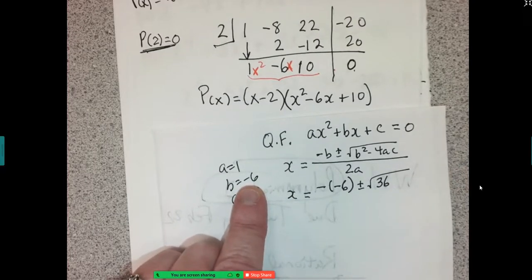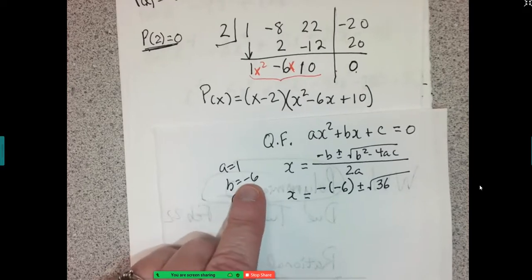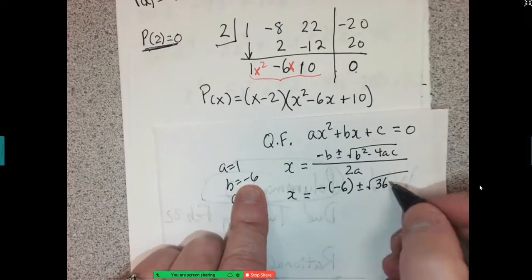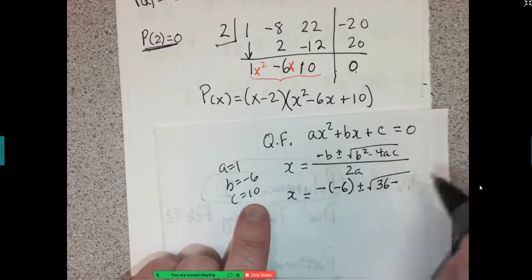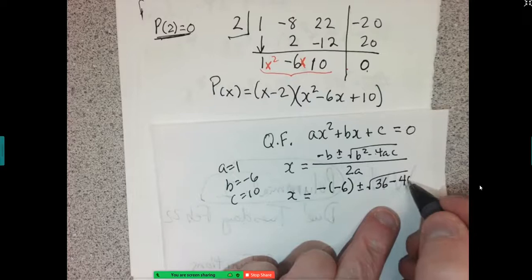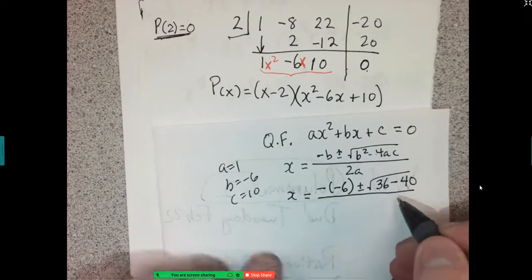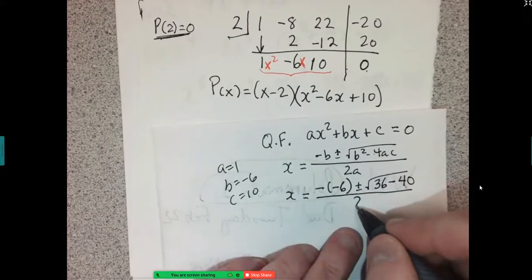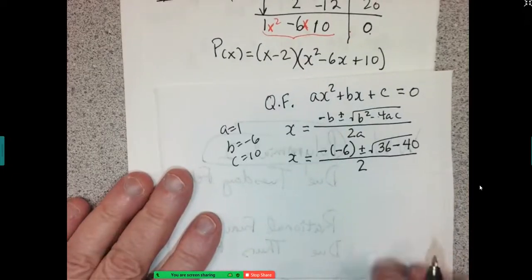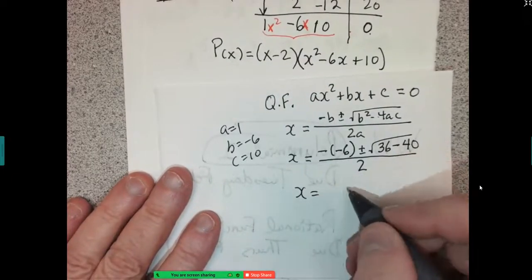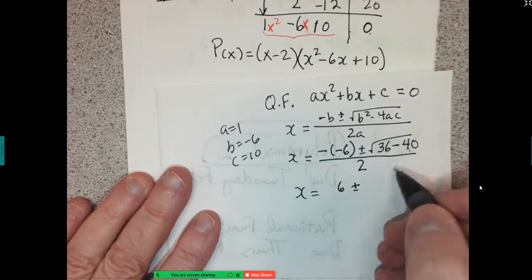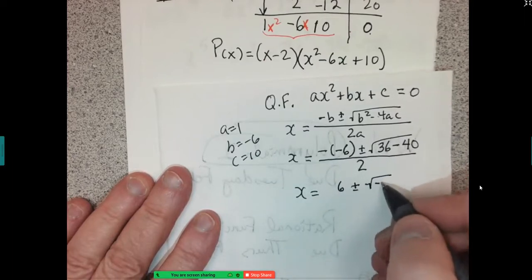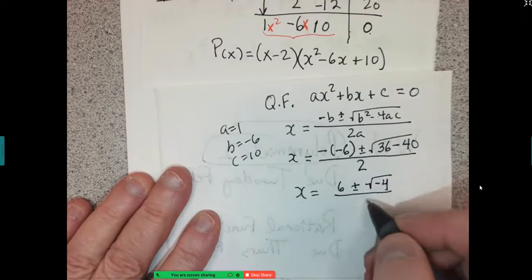So you would have to put -6 in parentheses. So -6 all squared is positive 36, minus 4 times a times c, so minus 40. All over 2 times a, which is 2. So I can refine this. So that becomes positive 6 plus or minus the square root of -4 all over 2.